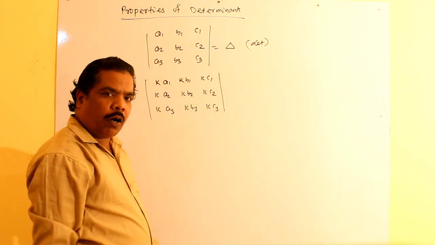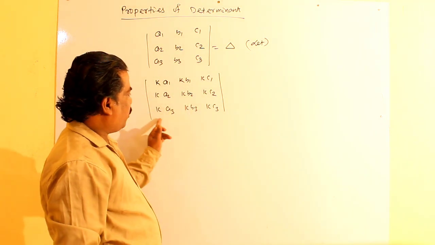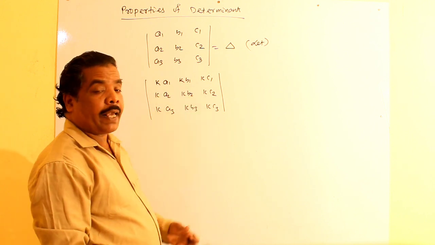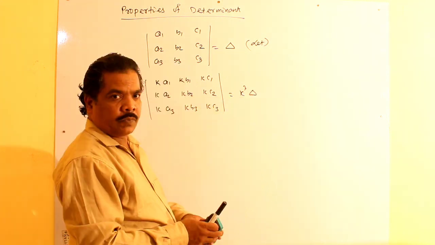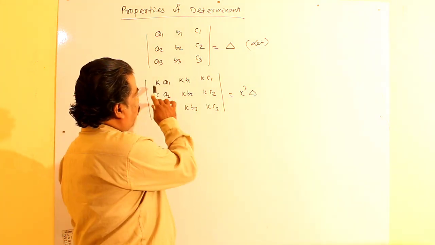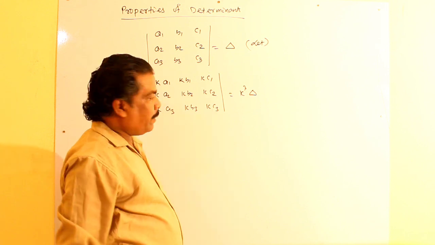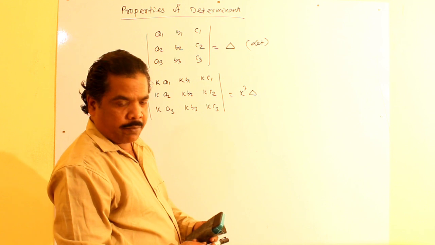Now we multiply all the elements of row 1 by K, row 2 by K, row 3 by K. Then the value is multiplied by K into K into K, K cube times, that is equal to K cube delta.